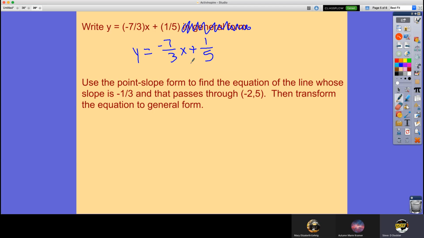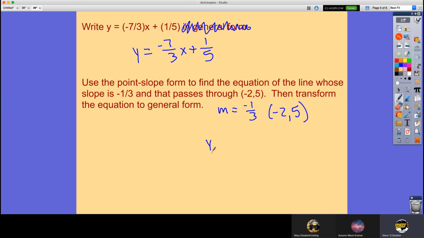Now, the one that I would be more interested in you guys knowing how to do is this one down below. Really what this question is asking is, find the equation of the line whose slope is -1/3 and it goes through this point here. If you have that information, this is set up perfectly to go into point slope form.